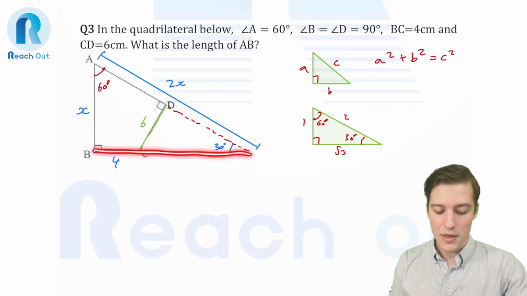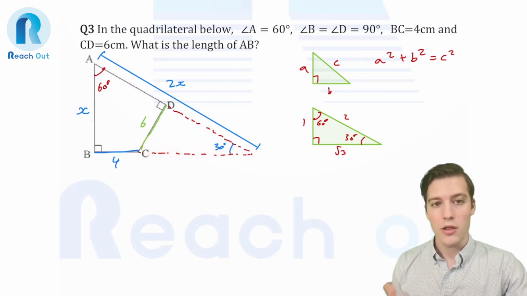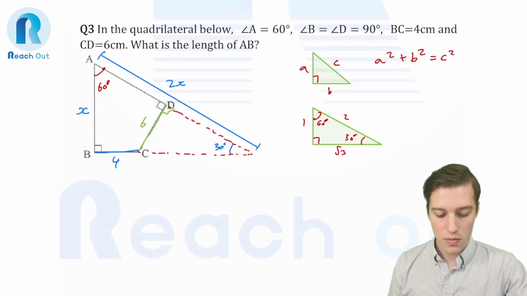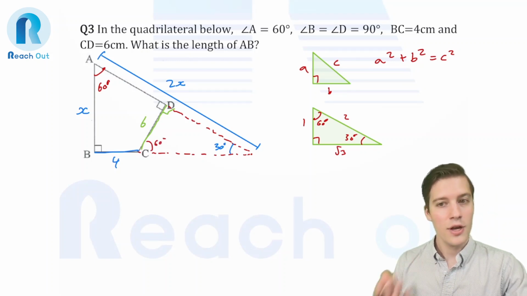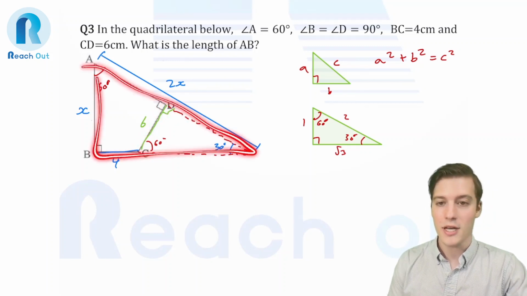Now I really need this side. Again, I'm not sure what this length is just by looking at it, so I'm going to fill in angles. This has to be 90, because a straight line split in two must add up to 180. So my remaining angle then has to be 60 degrees. So I have another 30, 60, 90 triangle within the larger 30, 60, 90 triangle.